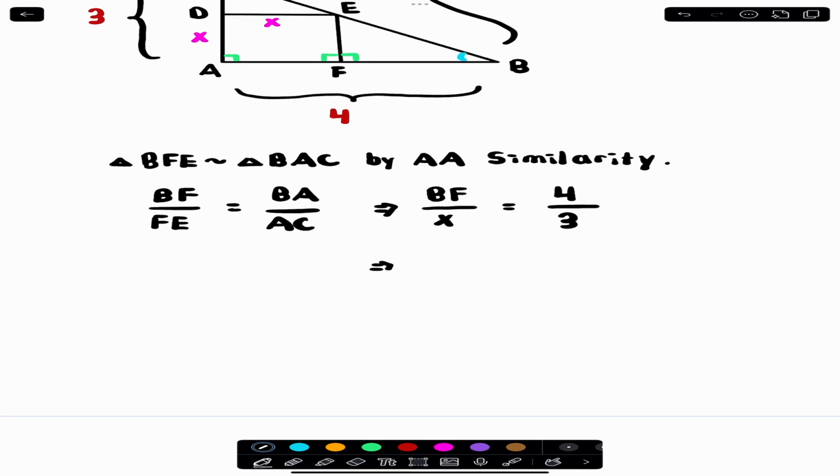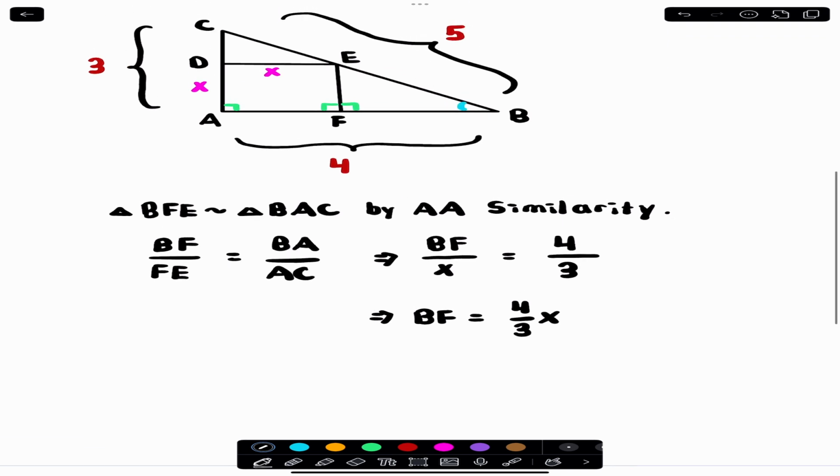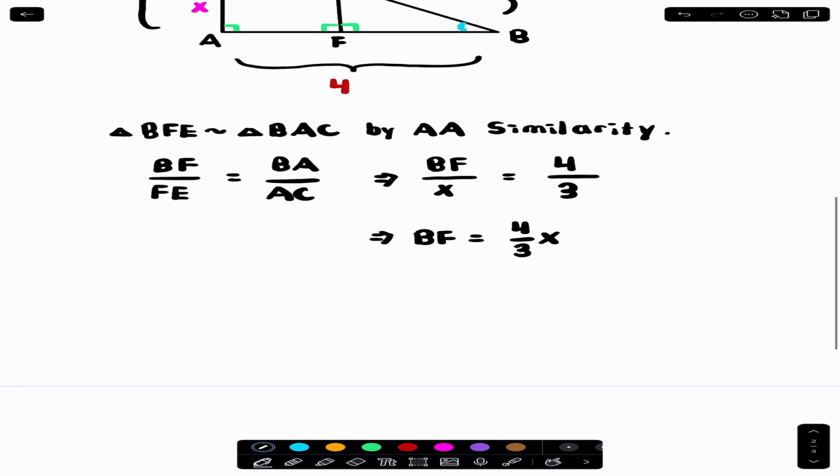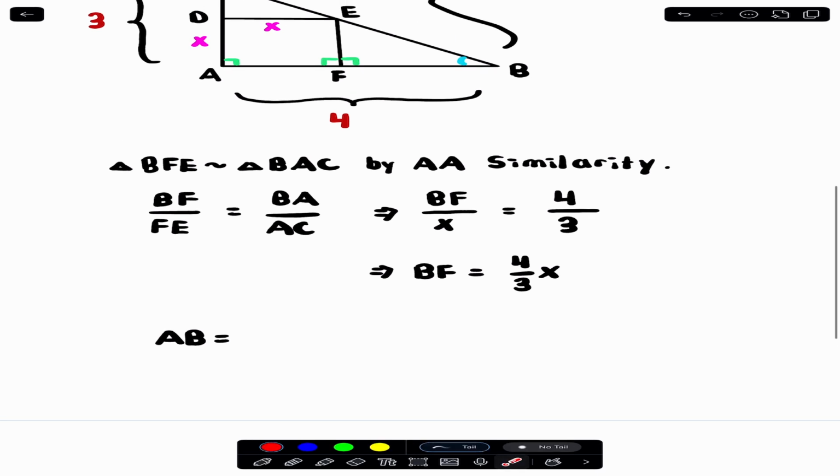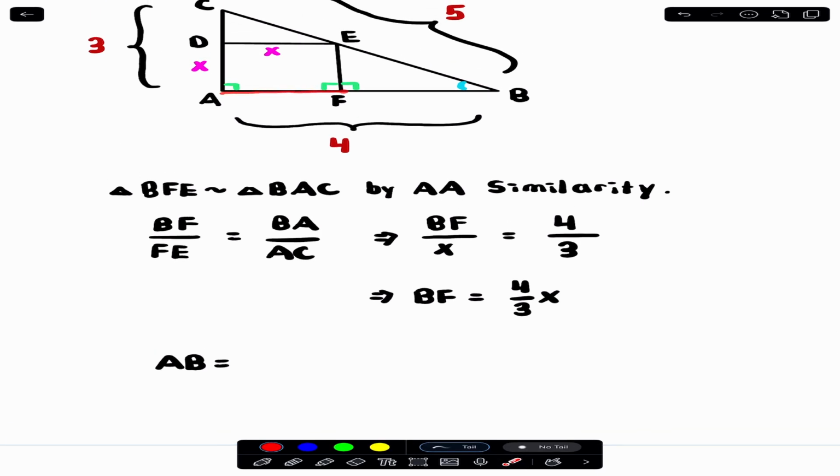From here, we can actually isolate for BF. By multiplying both sides by x, we can also say that BF is equal to 4 over 3 times x. So if BF is equal to 4 over 3 times x, we can actually rewrite the side length AB, because AB is just the combination of these two segments, BF and AF.